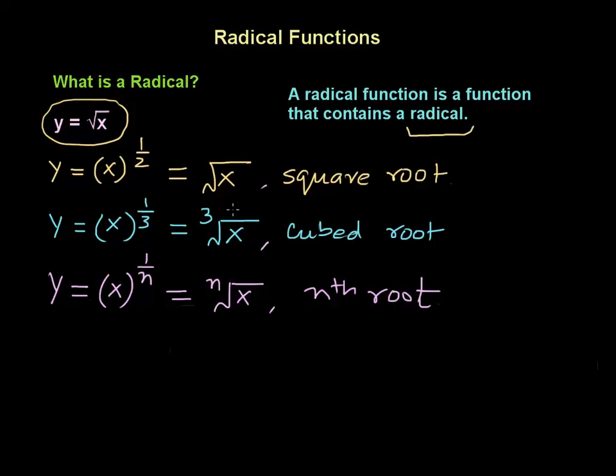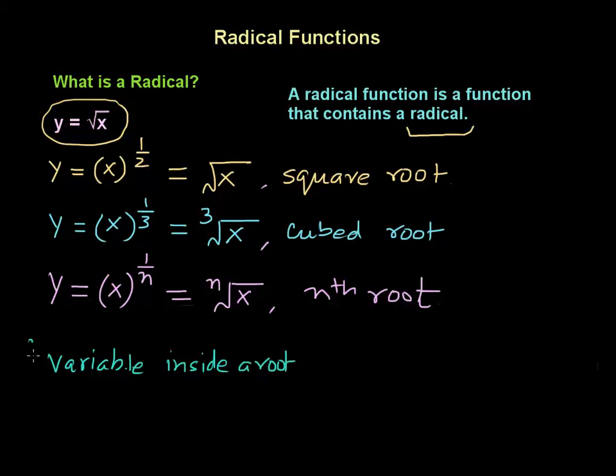So in general, what we learned here is that a radical function is a function that contains a radical, and also a function that contains a variable inside a root. So, a variable inside a root. Let's rewrite this part. I'm writing here: variable inside a root.